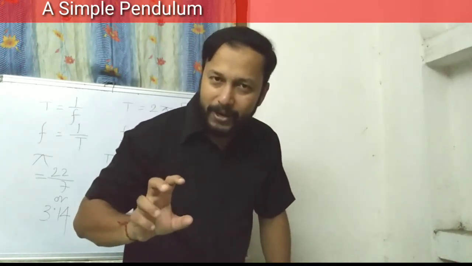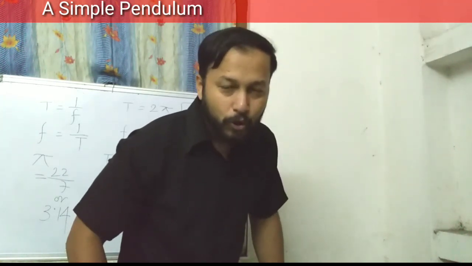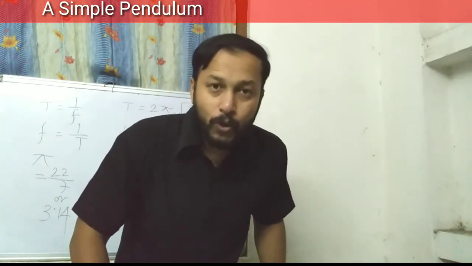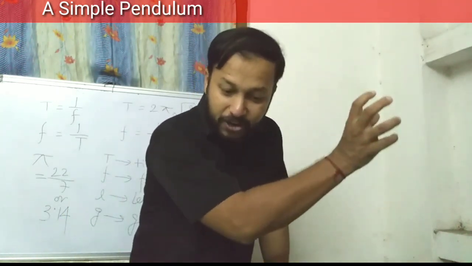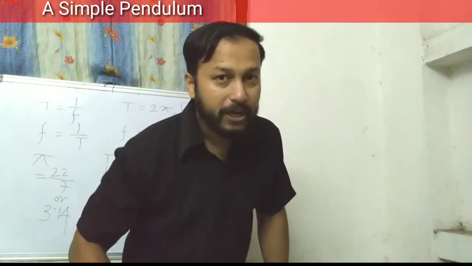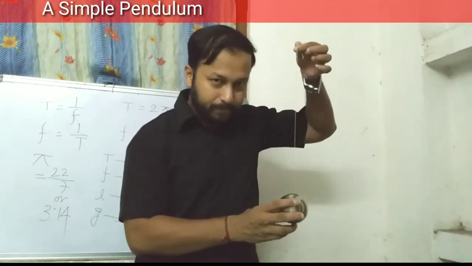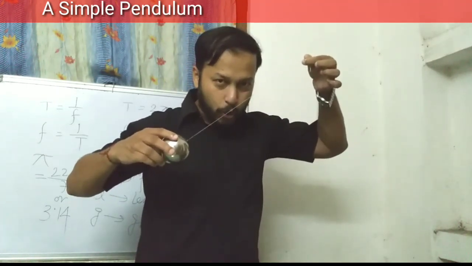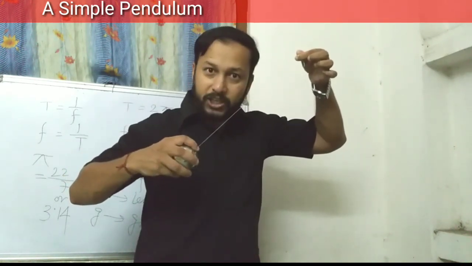Means it has completed one oscillation. Understood? So a bob, from where it has started, if it again reaches the same point, then we say that it has completed one oscillation, like this. See, from extreme position it is starting one oscillation.